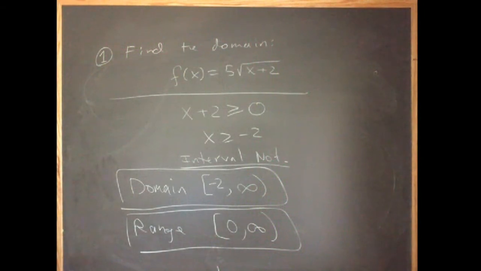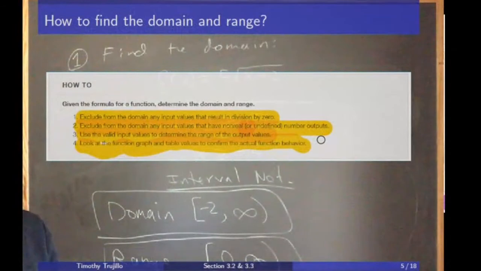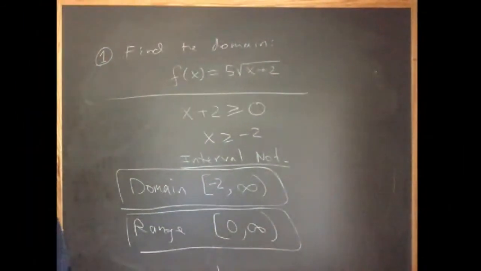Okay, so that's just following these guidelines here, and we're talking about number 2, excluding from the domain anything where you're going to get a non-real output. Okay, but we skipped by 1, so let's talk about how to deal with number 1, and that's when there might be a division by 0.